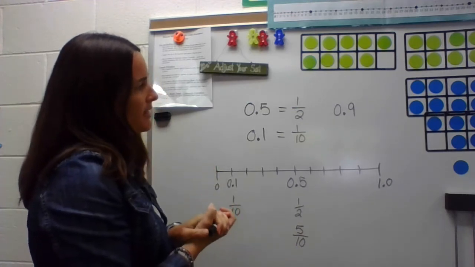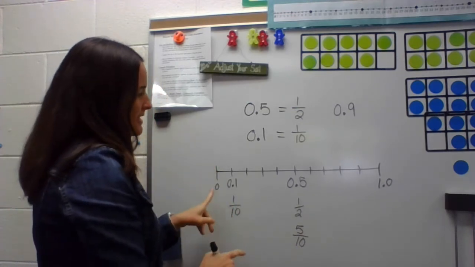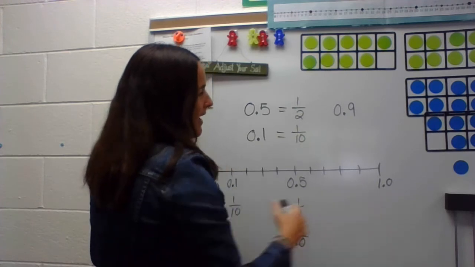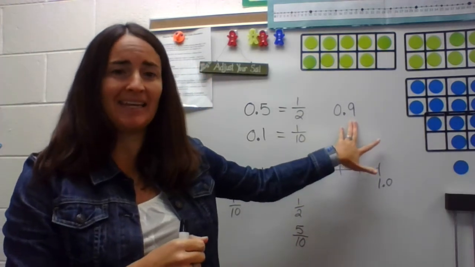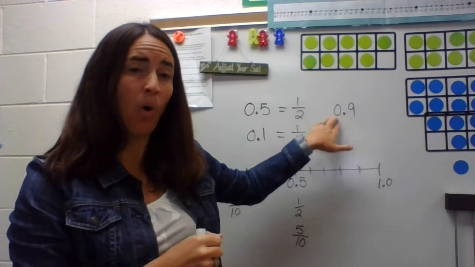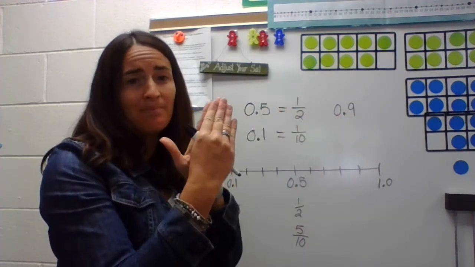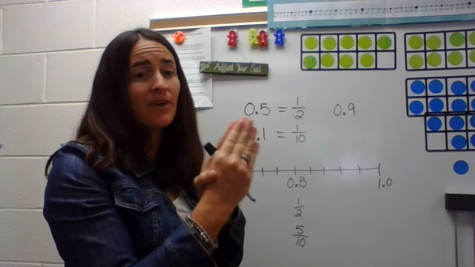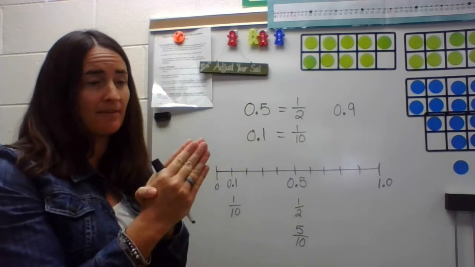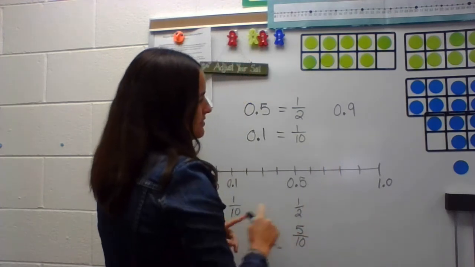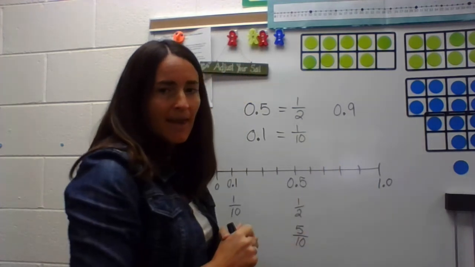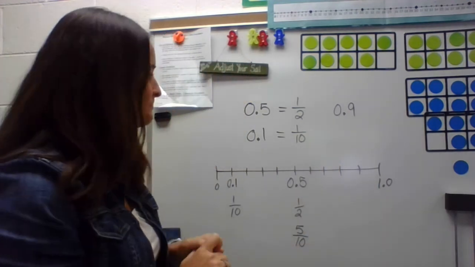All right, so as I looked at 9/10, again, I was thinking about my benchmarks of 0, 1/2, and whole. This time I had 9. 9 is very close to that whole, right? If I have 9 out of 10, that's very close to having 10 out of 10 of something. So my guess is that 9/10 is going to be closer to that whole on this number line.